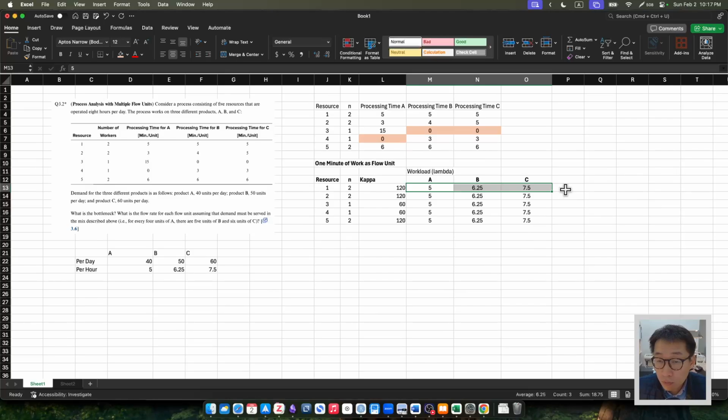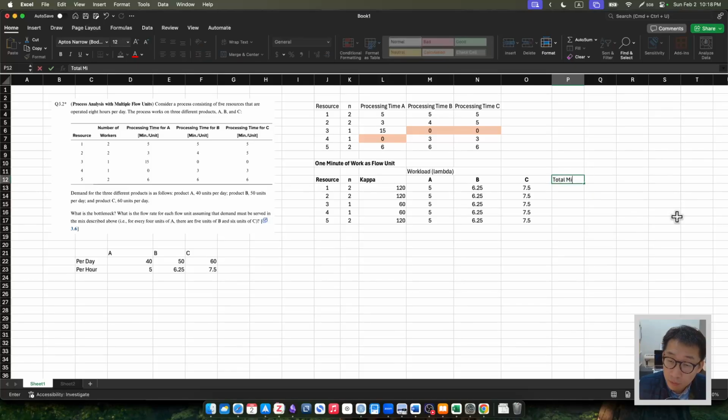To get that, I think it is fairly straightforward. You need to rely on this information, the initial table provided by your textbook. So I'm going to compute the total minutes consumed.